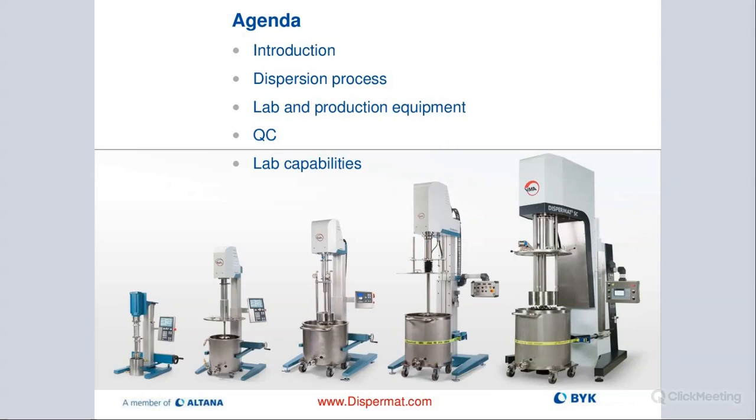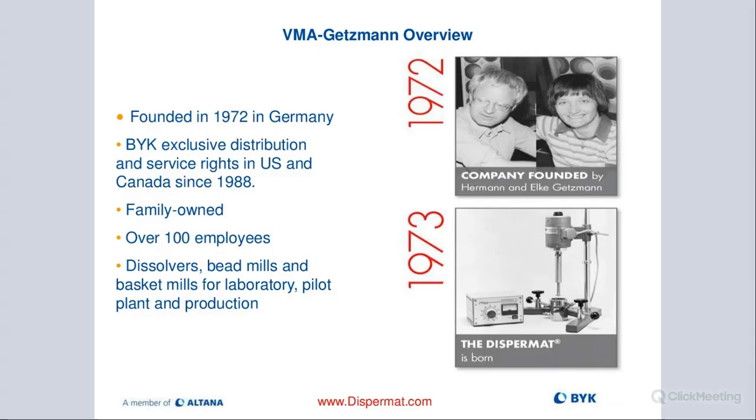That means that they have a quick change system that you can swap out. Each of these machines can be used as a dissolver or as a media mill or rotor stator or vacuum system, depending on how you configure it. There's many different options of how you can accessorize the disper mats. That's what sets them apart from the competition.